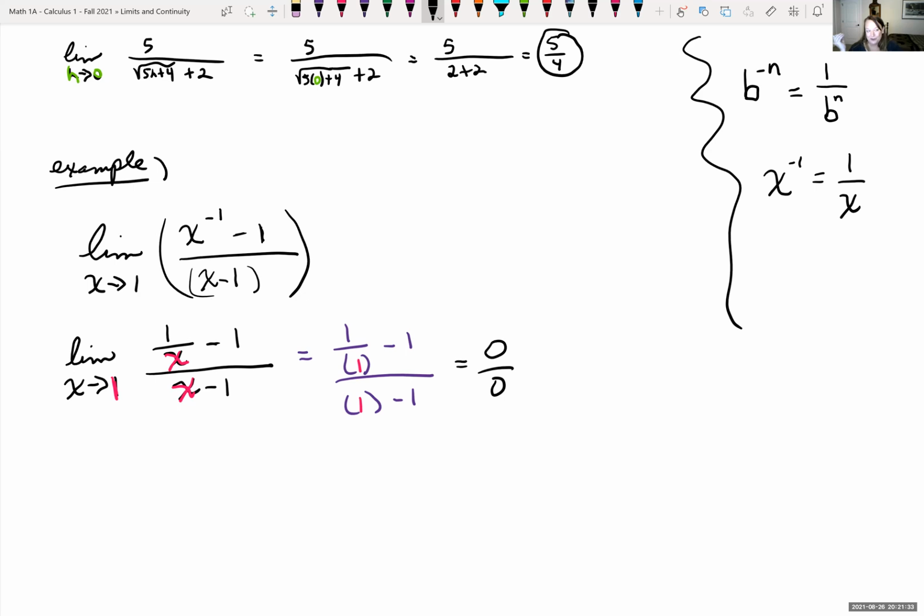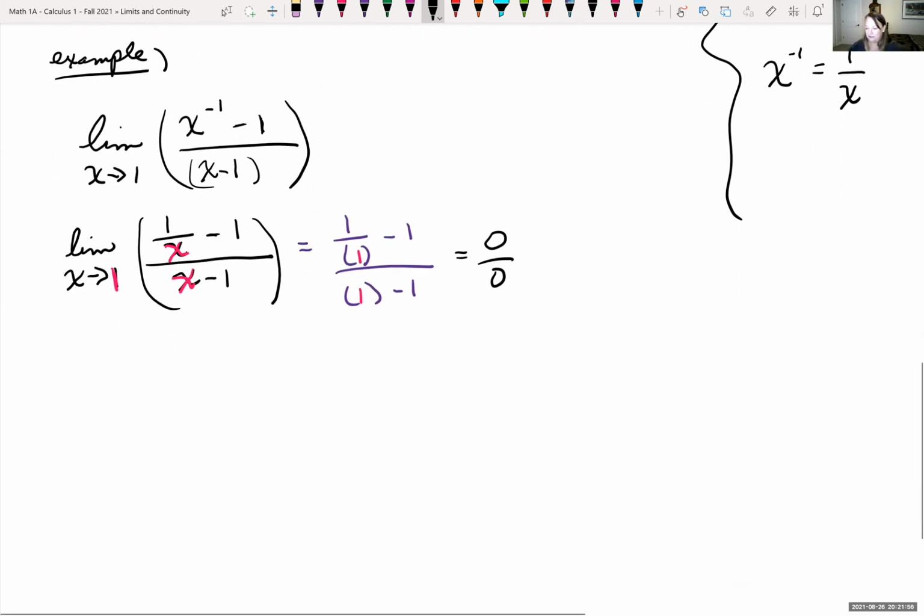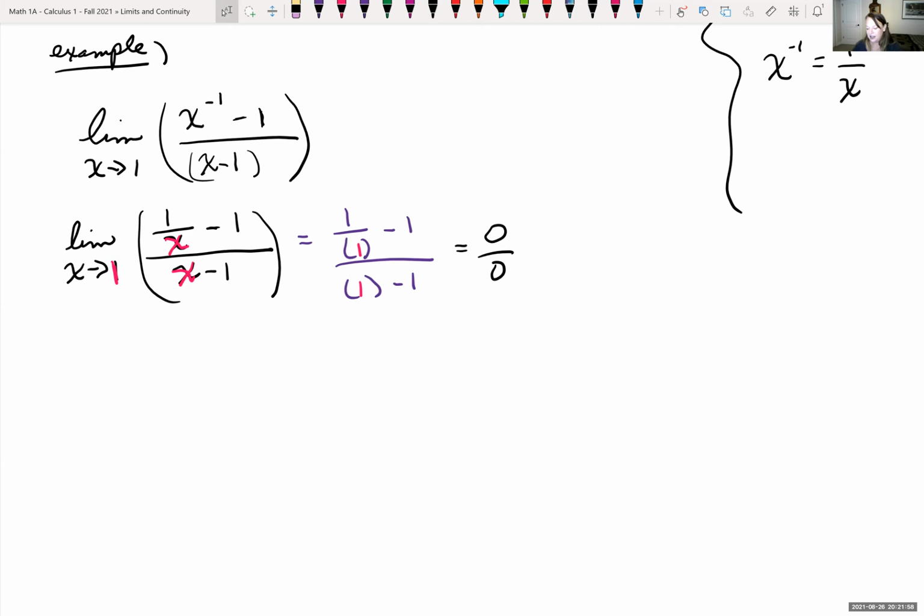So if you have a complex fraction, remember, complex fractions are fractions within fractions. If we rewrite it to get rid of the complex fractions, then that maybe will help us to get rid of that indeterminate form. So there were a couple of ways in algebra that we could get rid of complex fractions, or rewrite complex fractions so that they didn't have fractions within fractions.